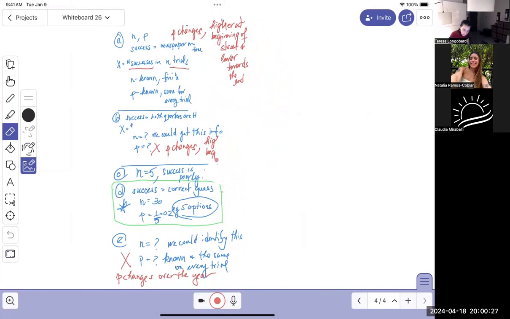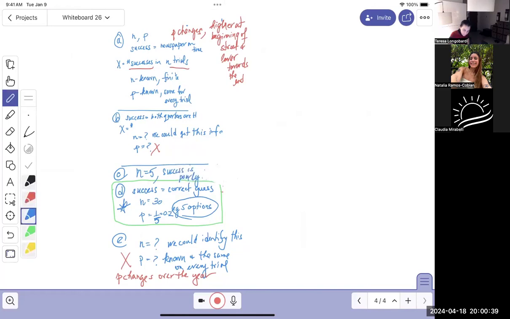So I know I have in the video also a discussion about identifying a binomial. I don't know if the thing moved. For A was the newspaper.